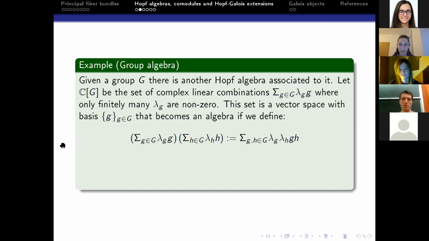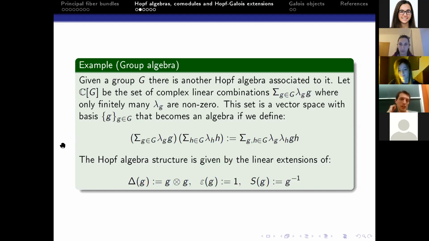All of this is known to most of you. It is a Hopf algebra if we define these three maps here and extend them linearly.